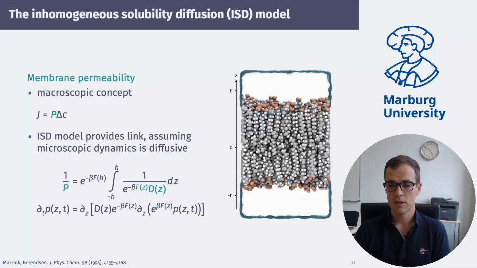Now, in addition to having an inhomogeneous diffusion profile, there will also be an inhomogeneous free energy profile, which I'm going to call F(z). Once you have these two quantities, which follow from a solution of the so-called Smoluchowski equation, which is down here, then you can easily compute a membrane permeability.